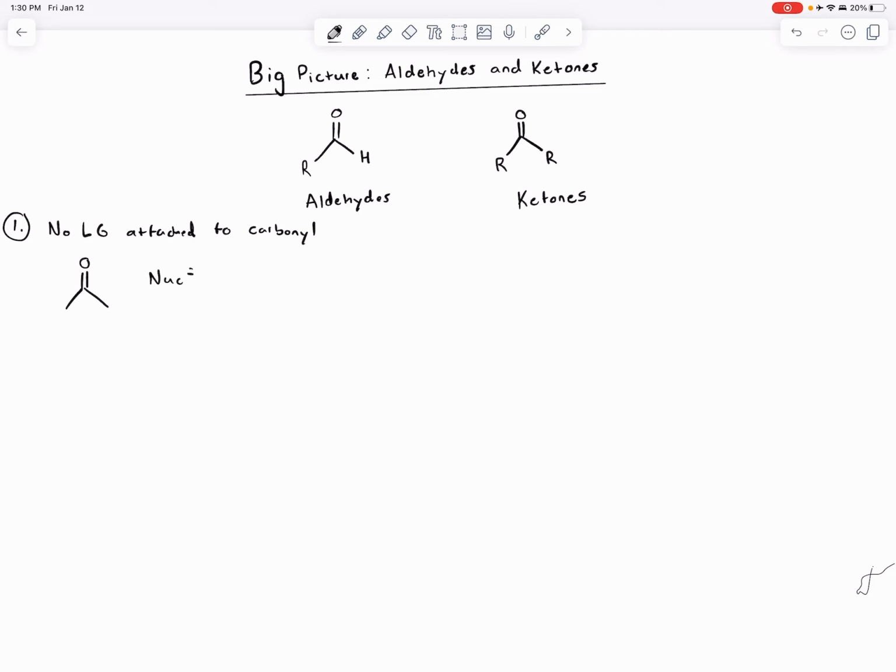This is a big deal, and this is really important because the thing that all of these reactions are going to have in common, if you have a C double bond O, here I'm going to use a ketone for this one just as our example, but it would be the exact same thing for an aldehyde. If you have a nucleophile, like we know, nucleophiles attack C double bond O's at the carbon and kick this up. And as a result, because these don't have a leaving group, either here or here, carbon groups or hydrogens cannot leave from the molecule. What you end up getting with a lot of these reactions, not all of them, but a lot of them, is something that looks like this, where the nucleophile is attached and you keep the two original groups that you started with.